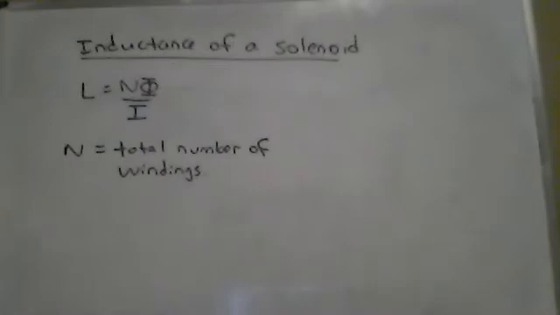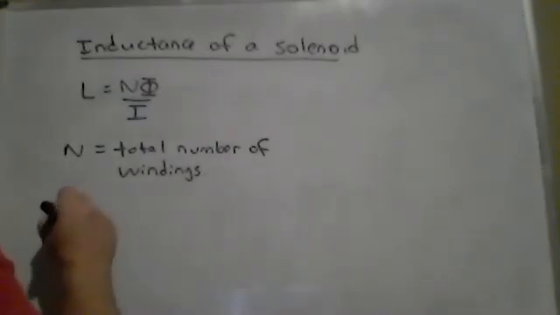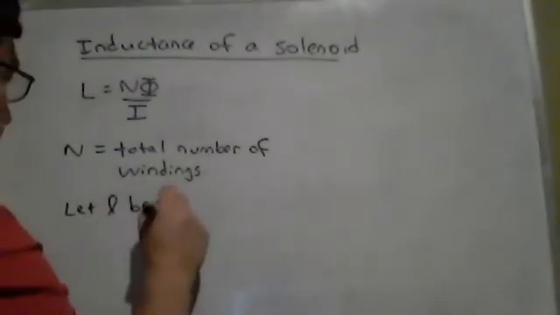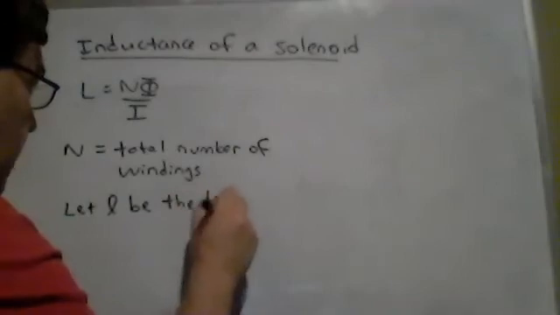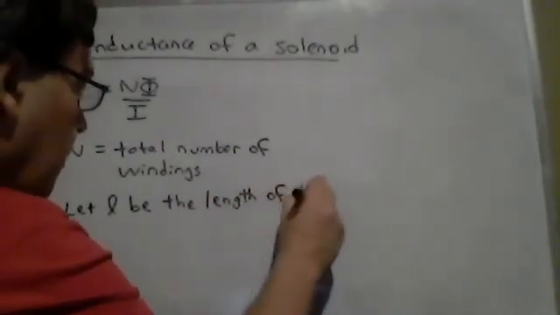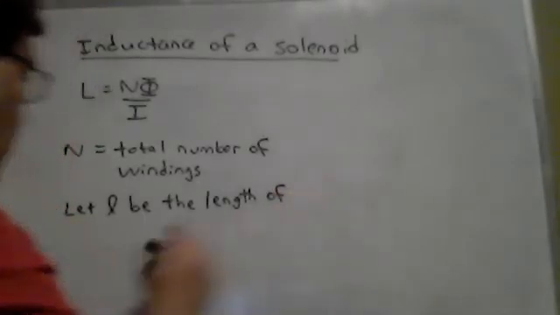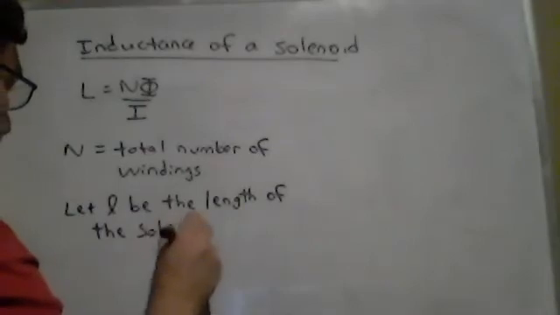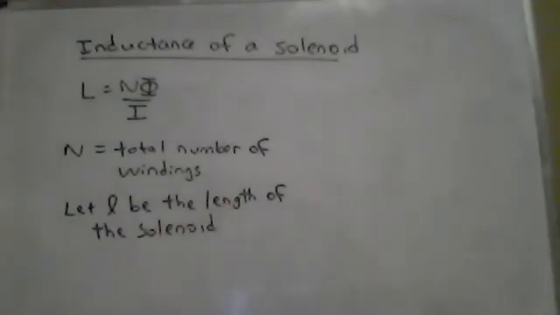Now, sometimes you're given the length of the solenoid, or you can just measure the length of the solenoid. So let little l be the length of the solenoid. Then what would little n be?